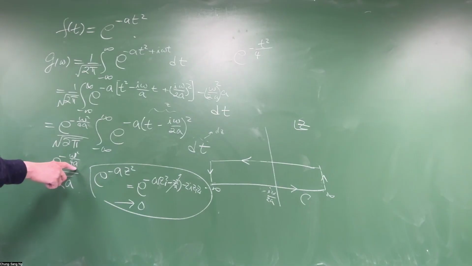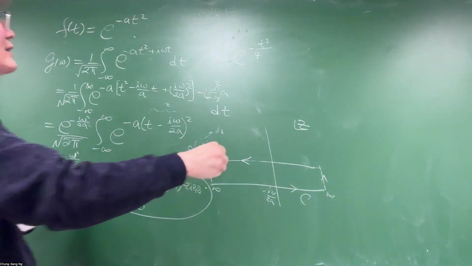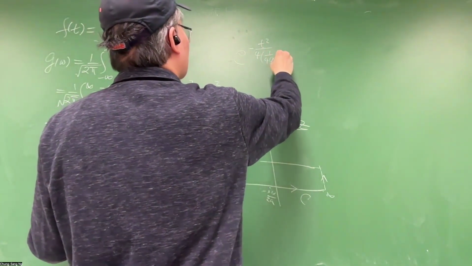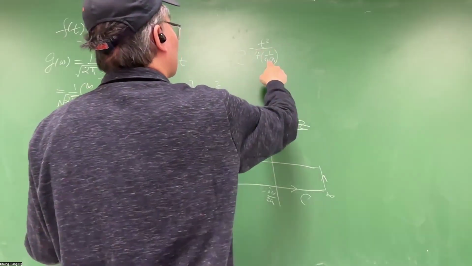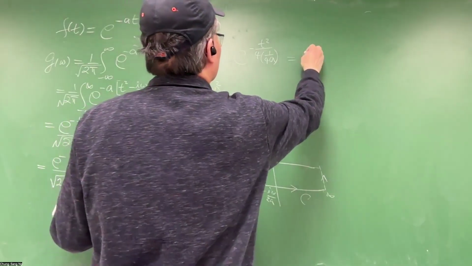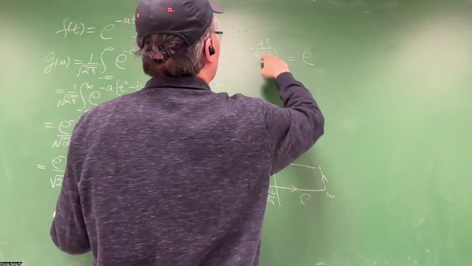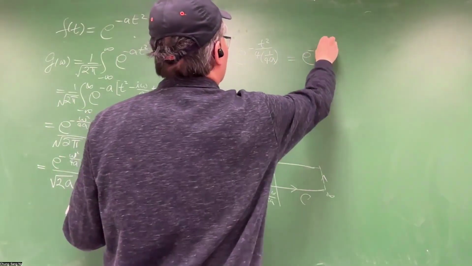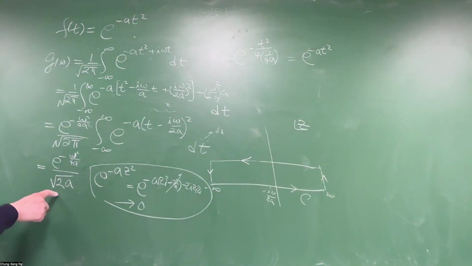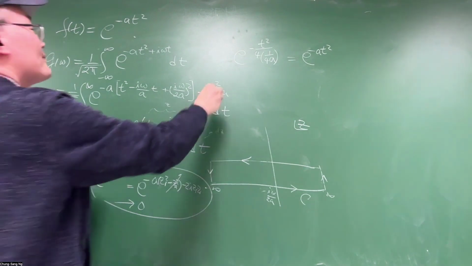Now a is this 1 over 4, and you cancel with the 4. That equals e to the minus t squared over 2, the inverse transform of this. I mean, you have this argument also, square root of 2.